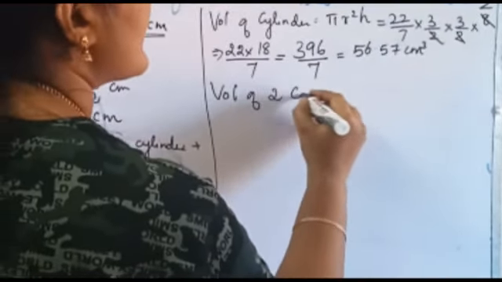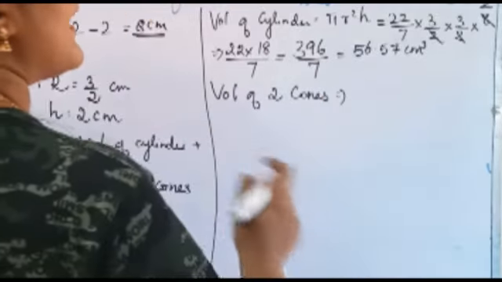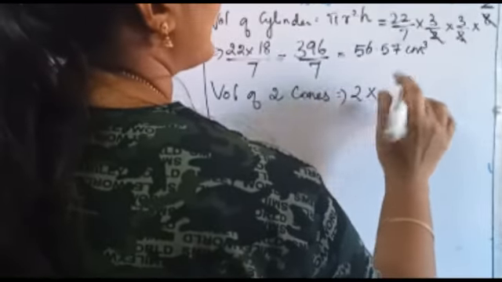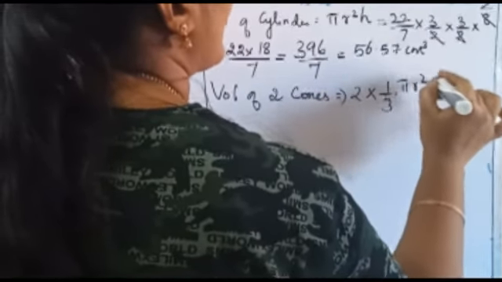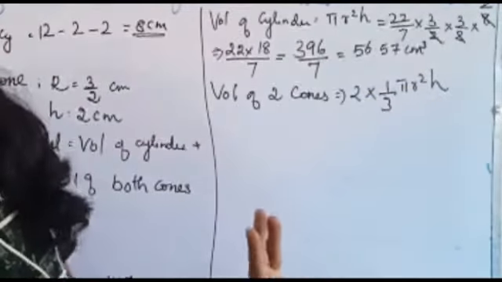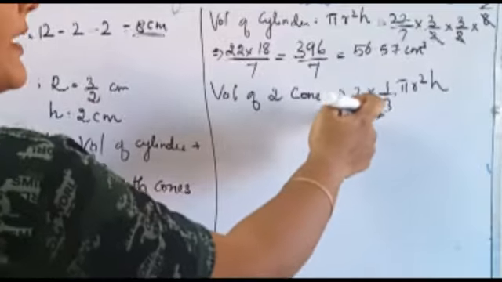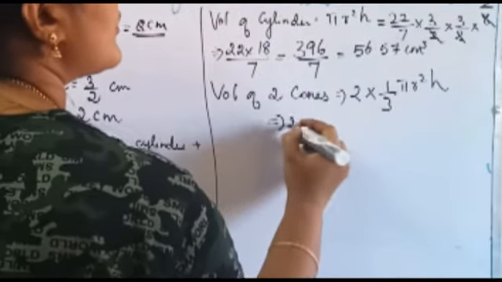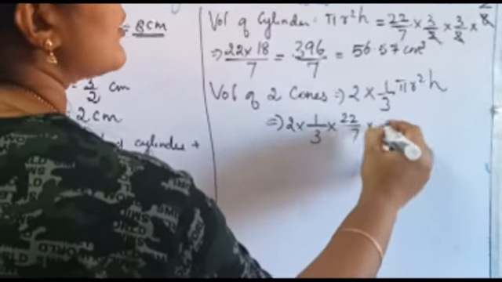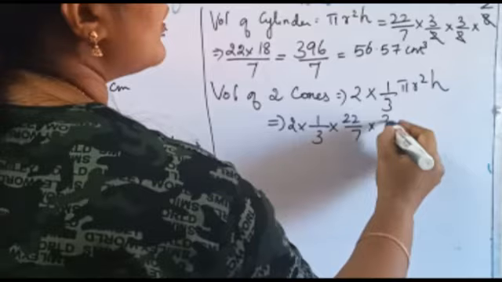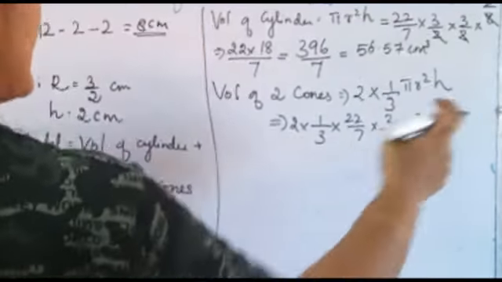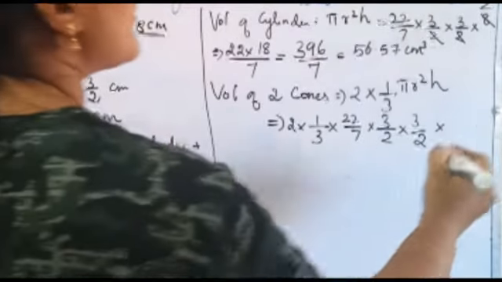two cones. So 2 into the volume of one cone, which is 1 by 3 pi r square h. So the volume of a cone is 1 by 3rd of the volume of a cylinder. So we have two cones, that is why I am multiplying by 2 here, which is equal to 2 into 1 divided by 3 into pi, 22 by 7, into r square, 3 by 2 the whole square, which is 3 by 2 into 3 by 2 into h, the height of the cone. The height of the cone is 2 centimeters.